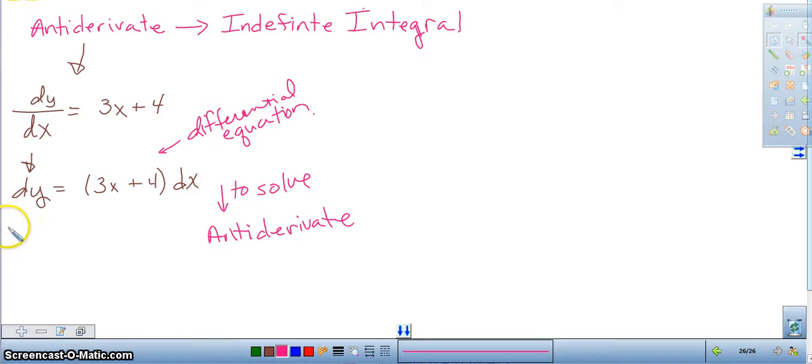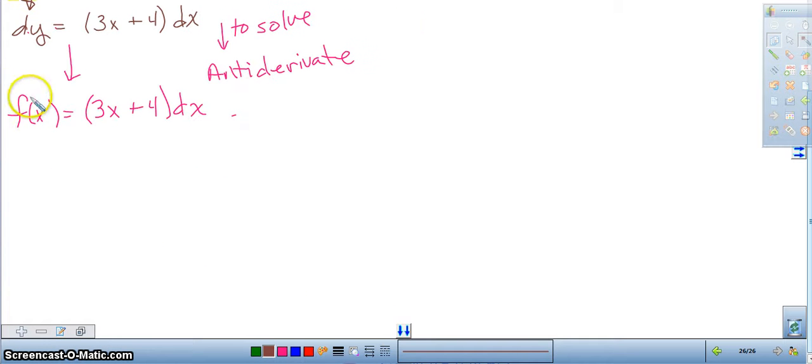But really, what we do is we say, well, what if this differential equation dy equals 3x plus 4 dx is actually a function? Let's just call it f of x equals 3x plus 4 dx. The antiderivative of this, and this is some symbols that they use, if this is my original function, the antiderivative we use a capital F for.